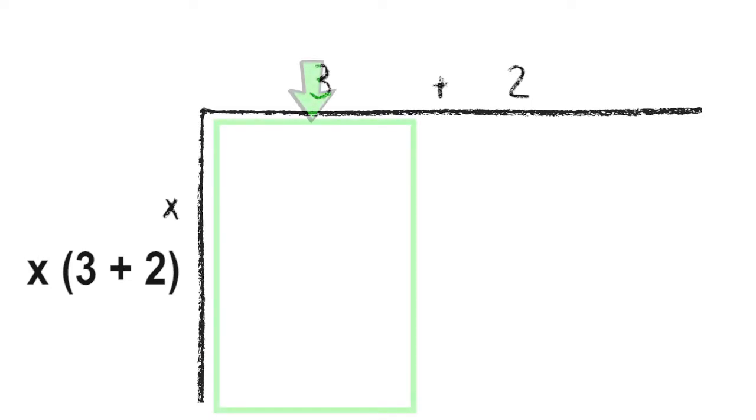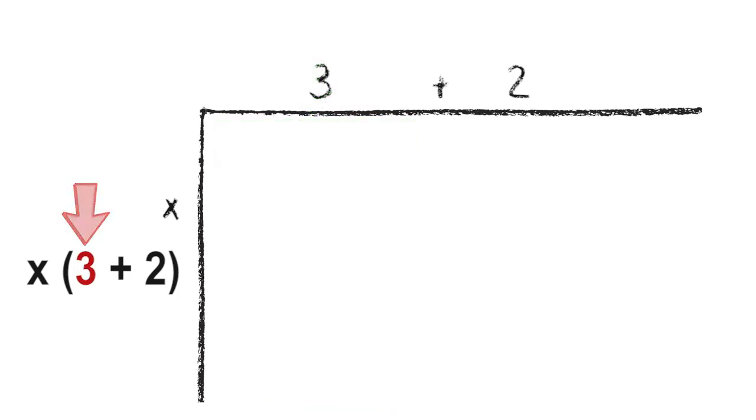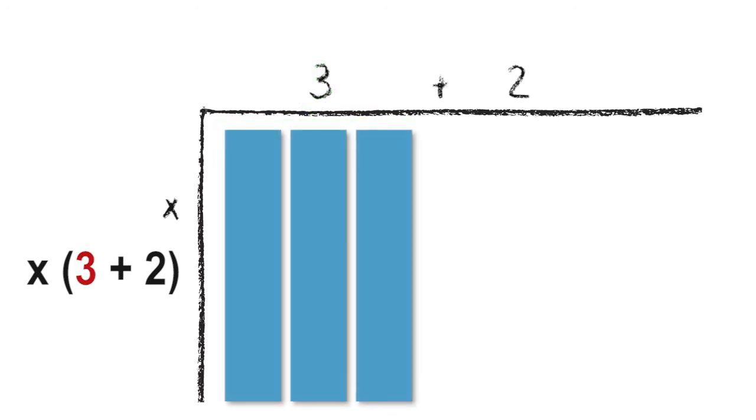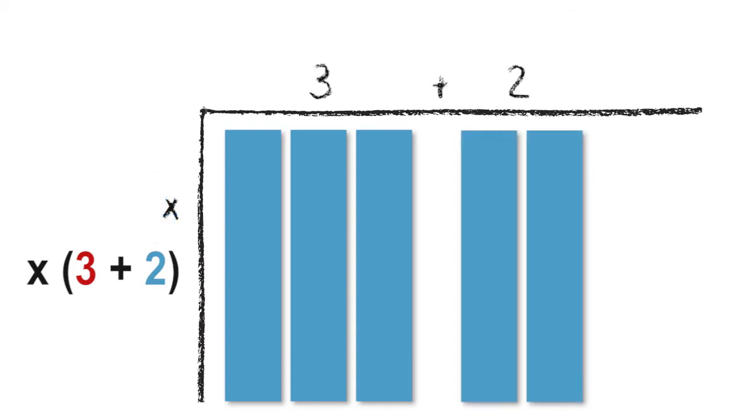Let's now draw an array to represent the expression x multiplied by the sum of 3 plus 2. We will fill in the array with lines to represent the variables. The first factor of 3 is represented by 3 vertical lines, and the second factor of 2 is represented by 2 vertical lines. The equivalent expression represented by the array is 3x plus 2x.